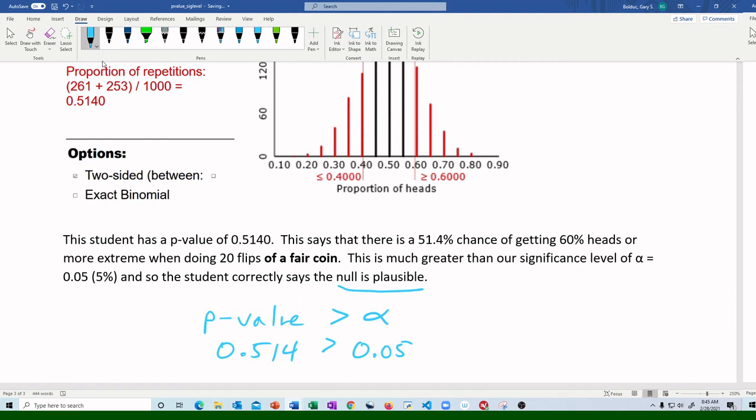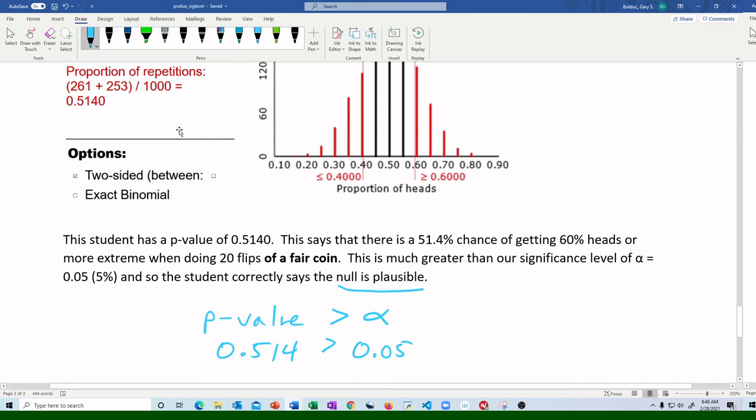I say, okay, cool. This is a fairly likely scenario to have happened using a fair coin, so I'm good. Null is plausible. How we can just quickly do this is you just take your p-value, you compare it to alpha. If your p-value is bigger, null is plausible. That's it. P-value bigger, null plausible. P-value smaller, reject the null.